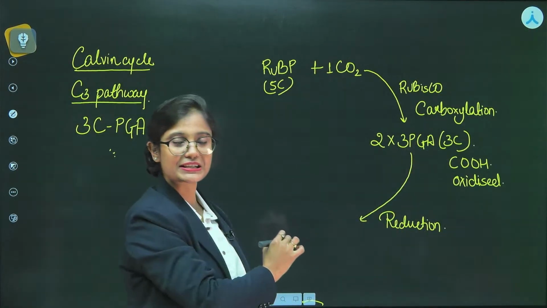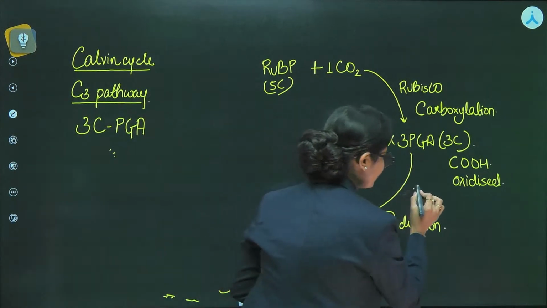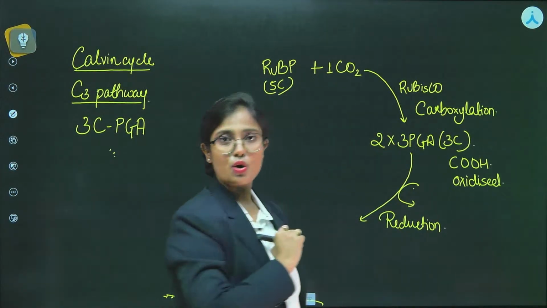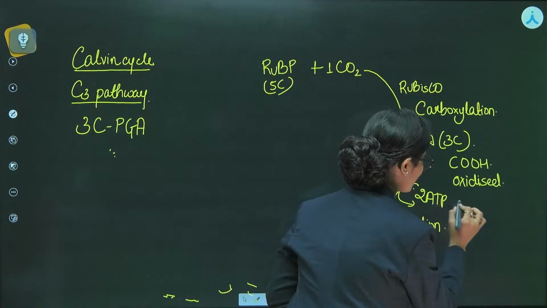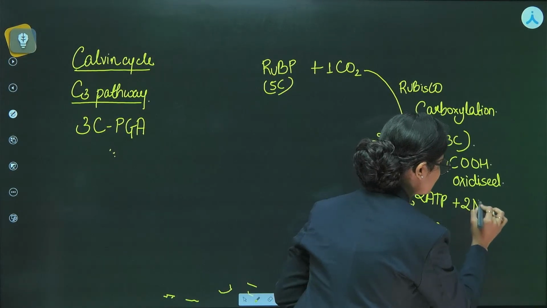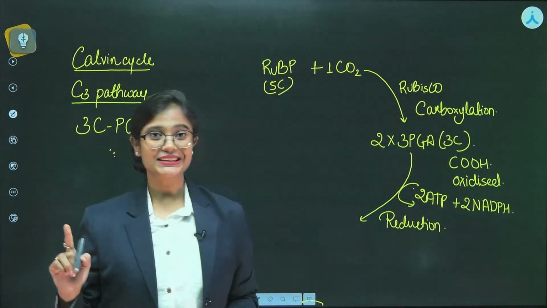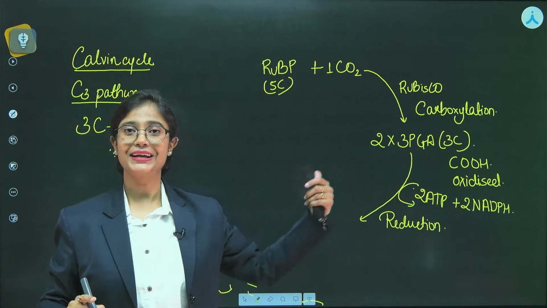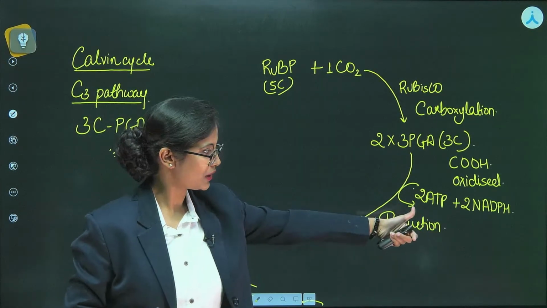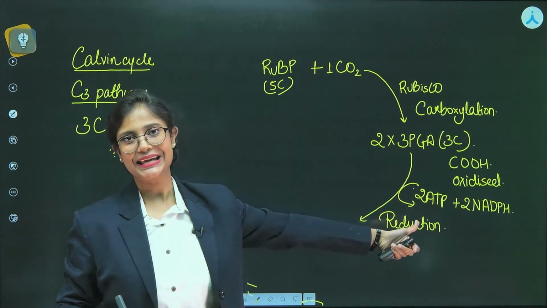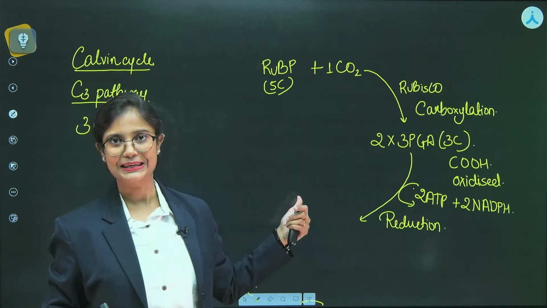For this process, for reduction of 3-phosphoglyceric acid, there will be involvement of 2 molecules of ATP along with 2 molecules of NADPH. जैसा कि हमने देखा था कि ATP और NADPH हमारे light reaction में बने थे, so it is utilizing here. 2 molecules of ATP and NADPH are utilizing in the reduction step of Calvin cycle, right?